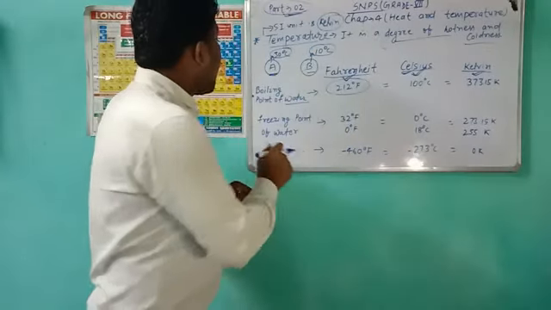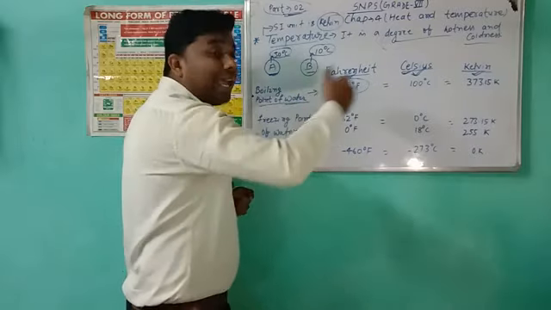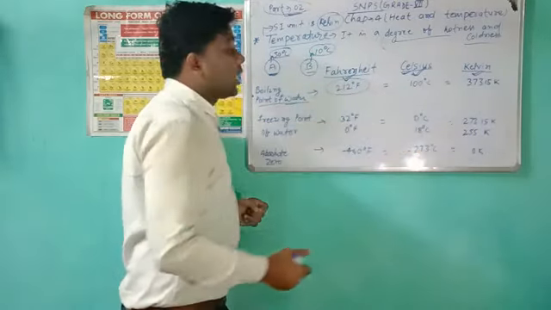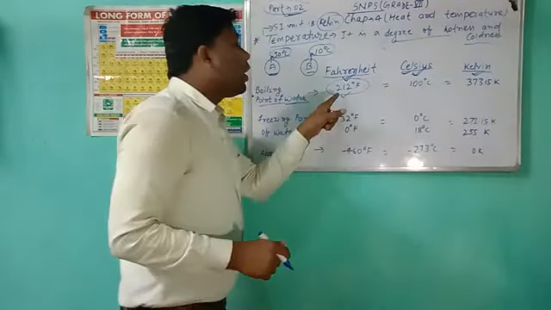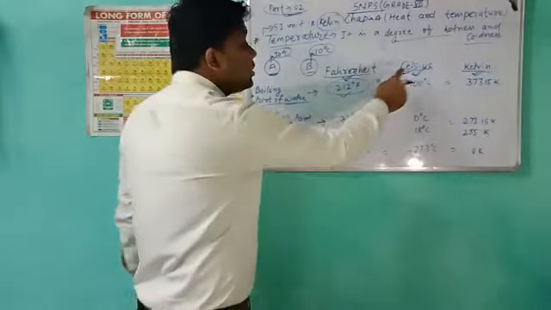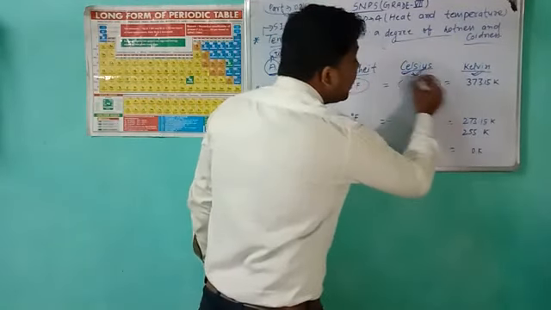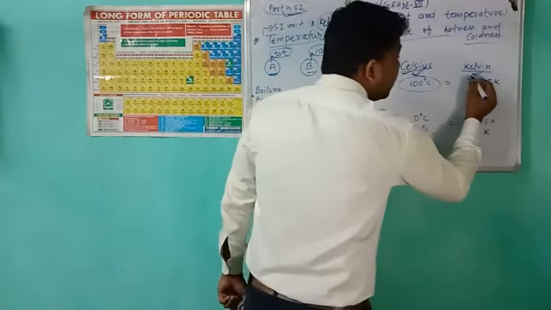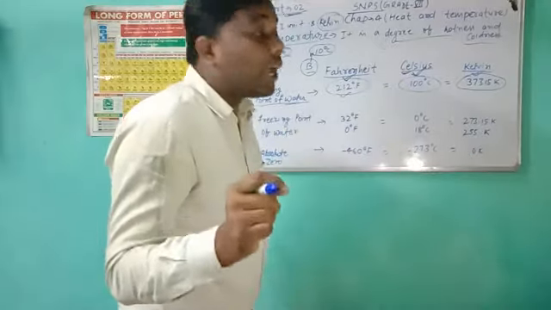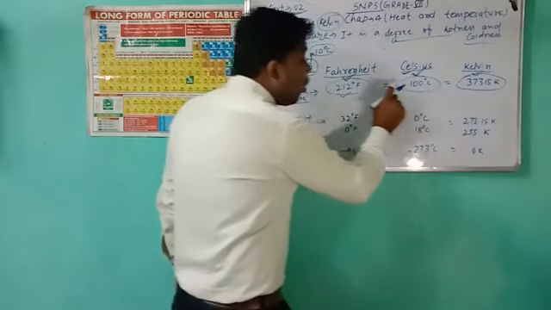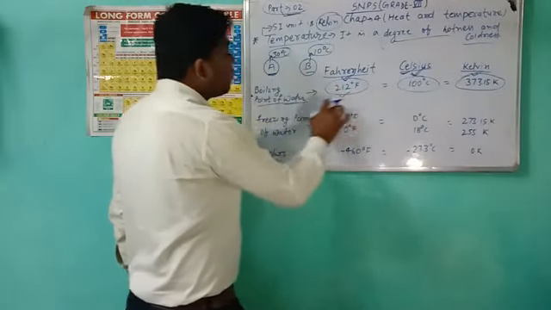In this lecture, I show you the boiling point of water in each temperature scale. In Fahrenheit it is 212 degree Fahrenheit, in the Celsius or centigrade scale it is 100 degree Celsius, and in Kelvin it is 373.15 Kelvin. These are all the same boiling point of water.